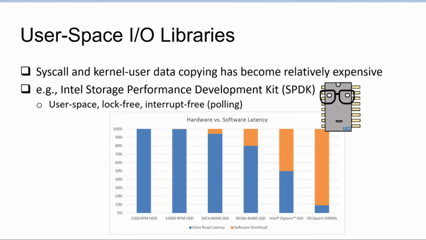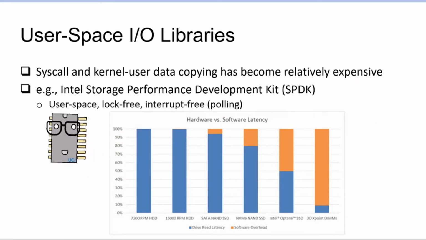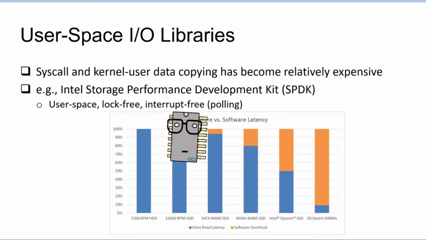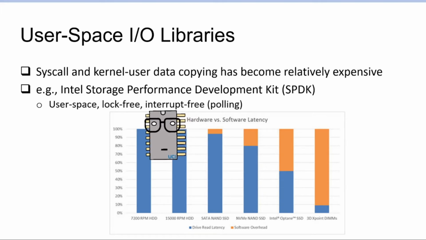One of the more prominent examples of this is the Intel SPDK, Storage Performance Development Kit. It is a user space library, lock-free and interrupt-free. We haven't talked about interrupts very much in this lecture yet, but interrupts are pretty expensive if you are very latency sensitive. For example, when the data read is done, the storage sends an interrupt to the host machine saying, "Oh, I'm done."